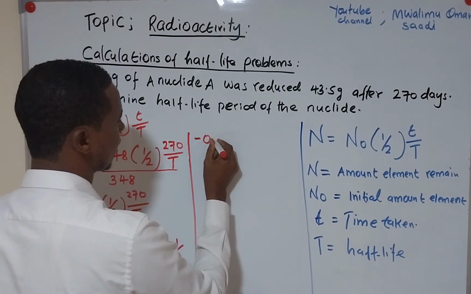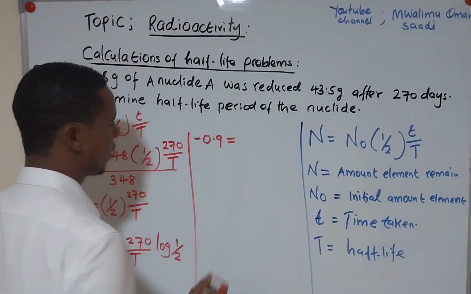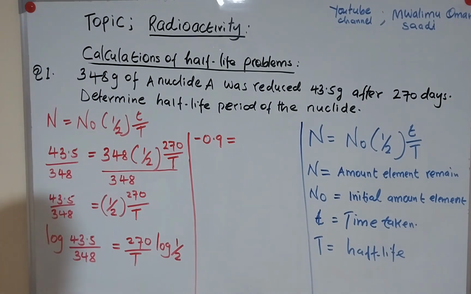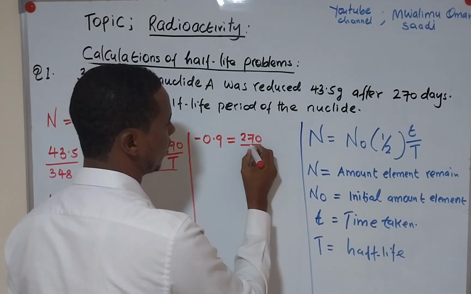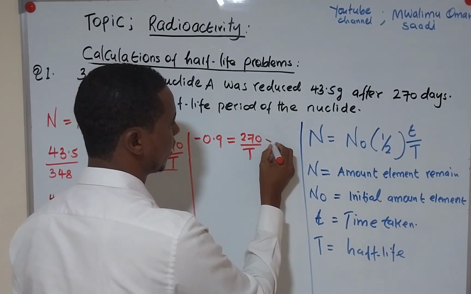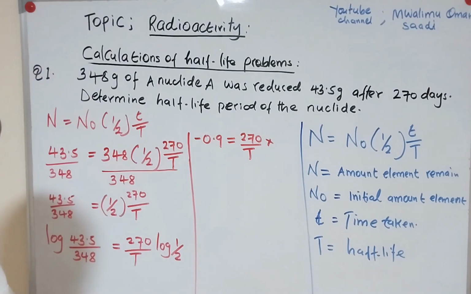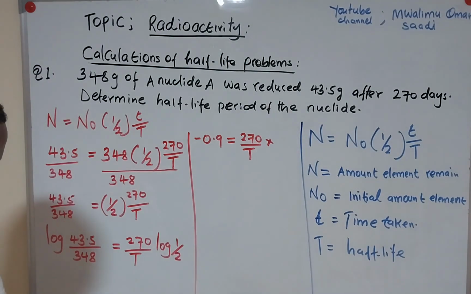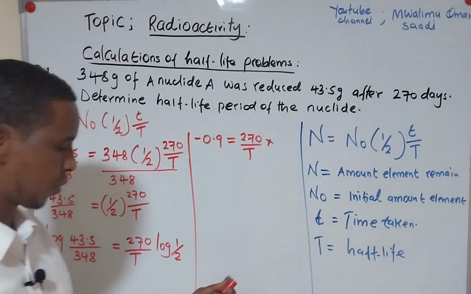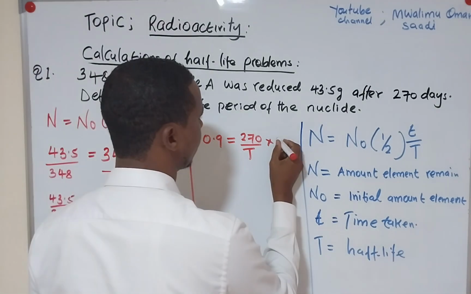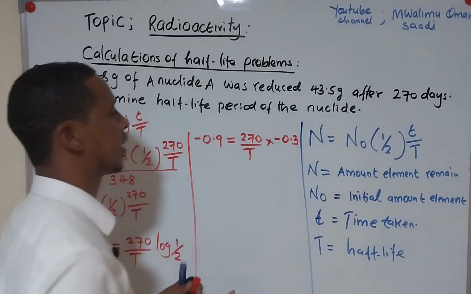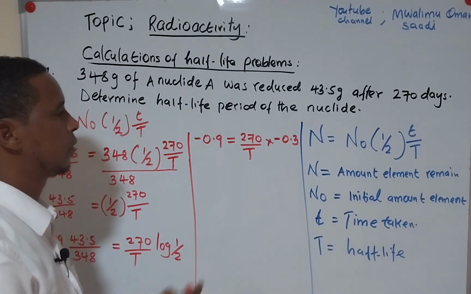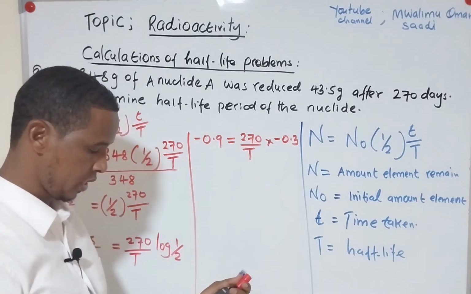So this gives us negative 0.9 is equal to 270 all over T times log half, and log half is negative 0.3. Okay, from there, let's multiply 270 times negative 0.3.